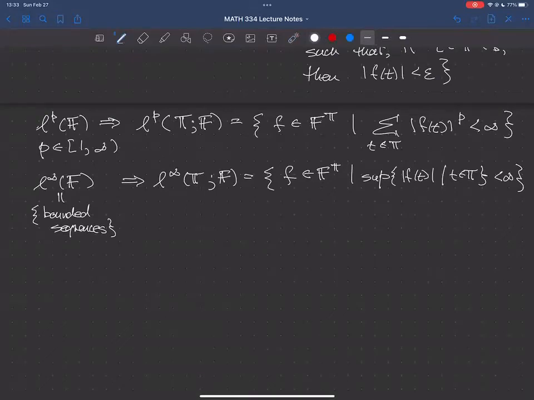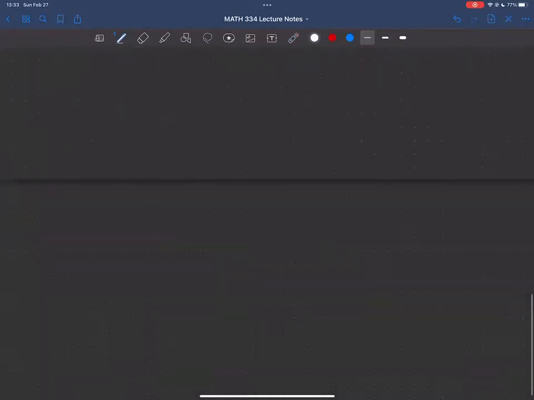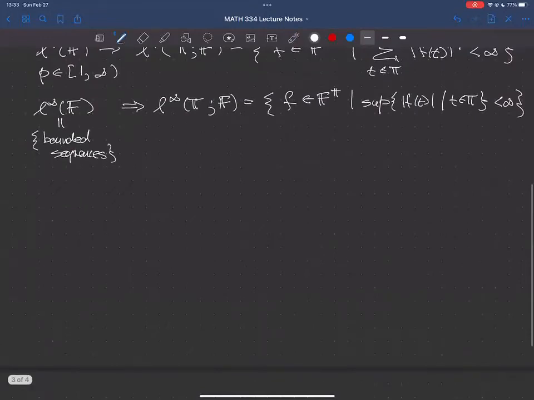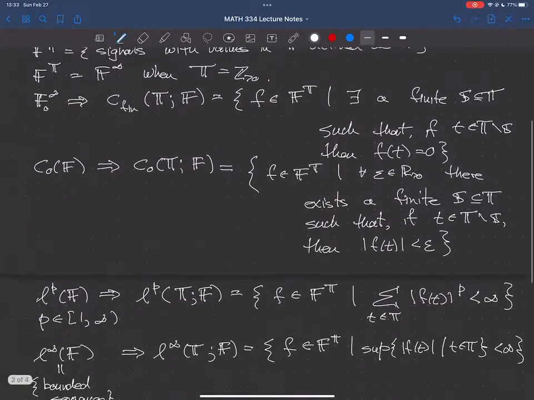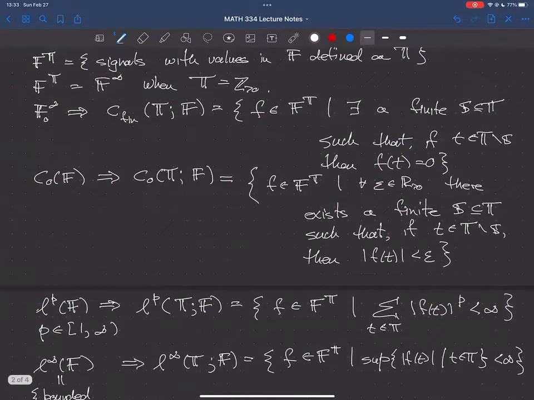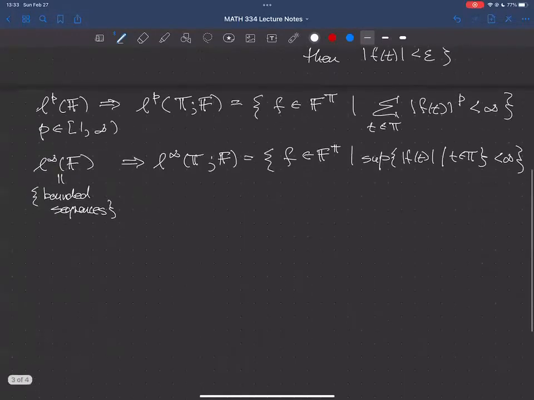Now let's try to say some things about these spaces. We haven't put norms on these spaces yet, and so let's not do that exactly right yet. Let's talk about the algebraic structure of these spaces. And so again, algebraic structure means just dimension.